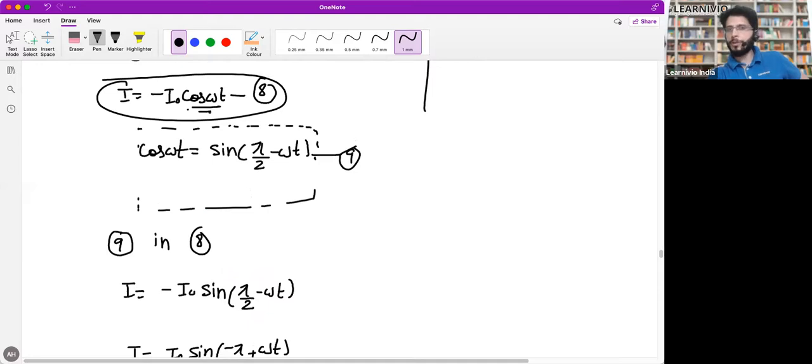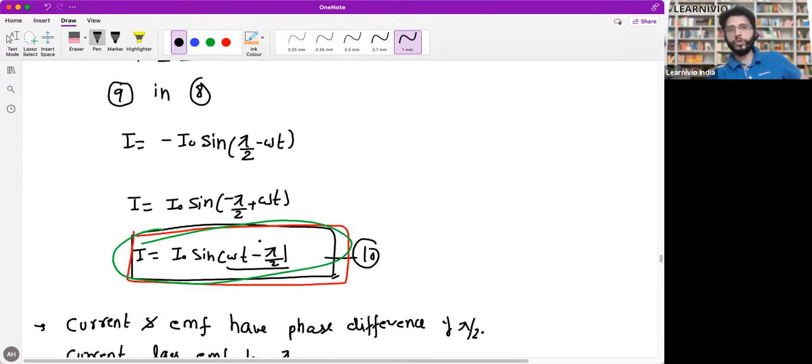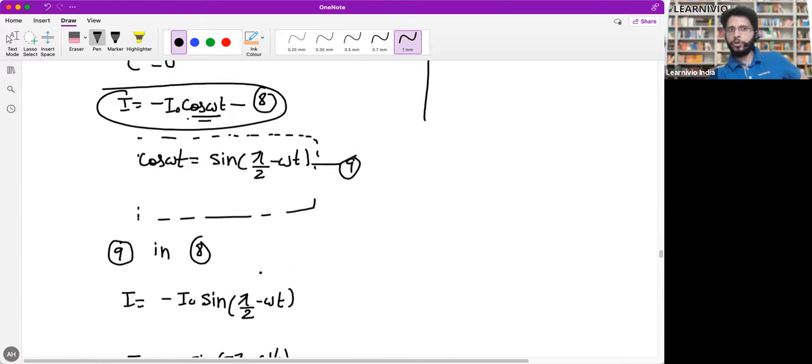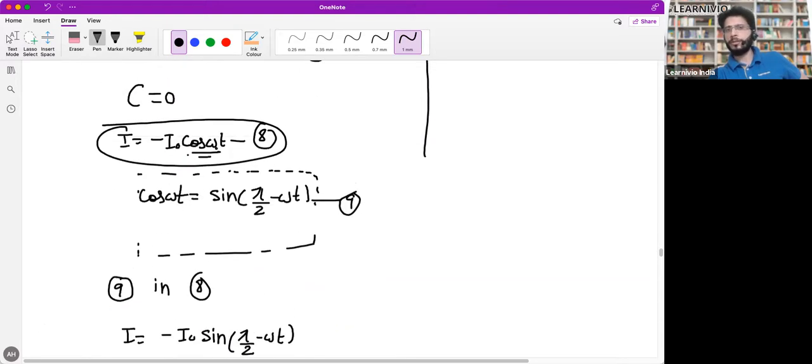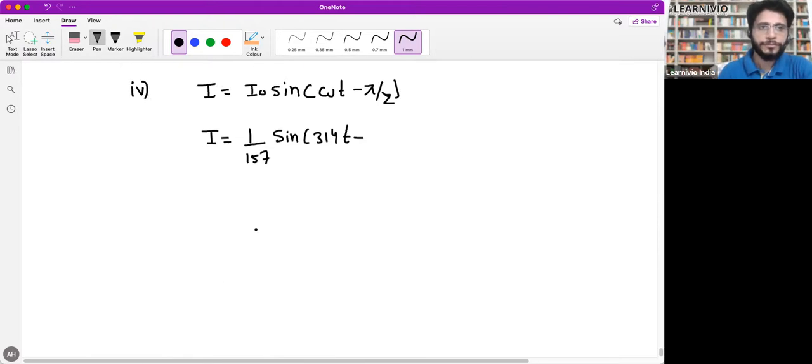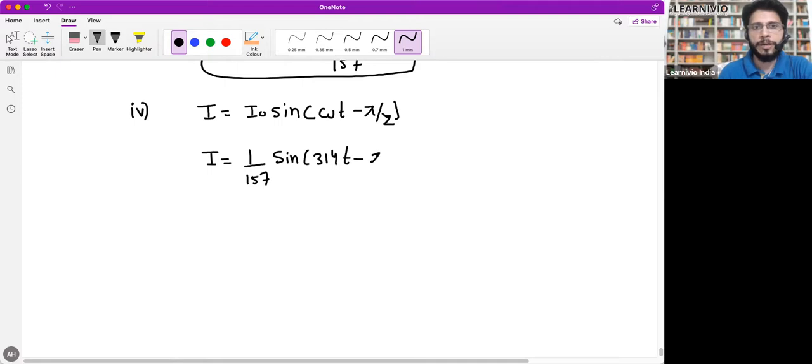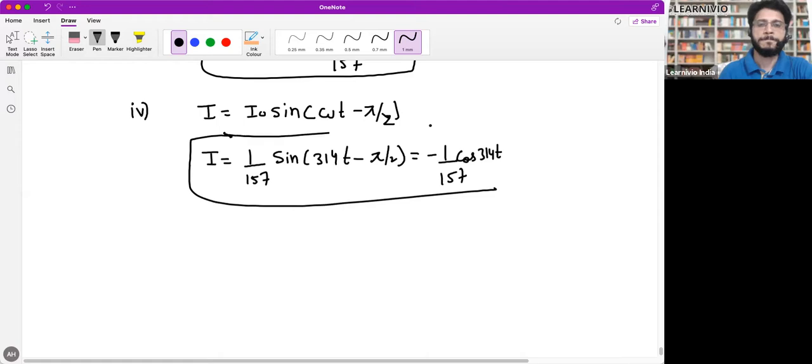It's your choice. That's the same thing. Or as Noor says, you can write this as minus 1 by 157 cos of 314 t also. This is your current.